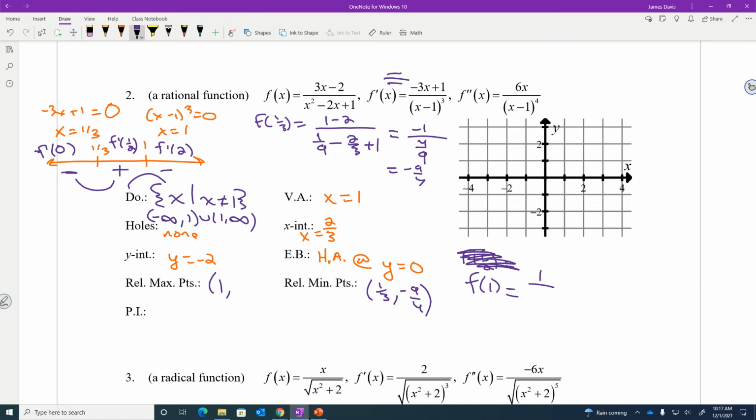Oh yeah, that's right. So we can't have a min or max there, right? Because we're going to get undefined, because we're getting 0 on the bottom. So that's a good reminder that we said it's actually undefined there, so there's none. If you get 0 on the bottom where it's undefined, obviously you can't have undefined as a max, right? So just make sure you go back and look. And we did say that it can't equal 1.